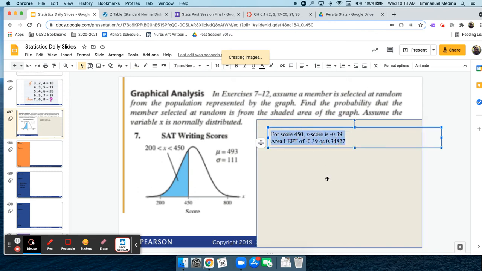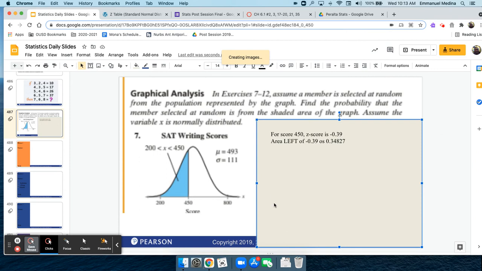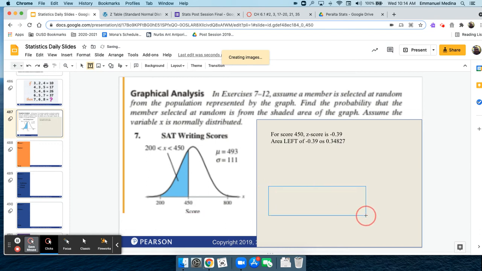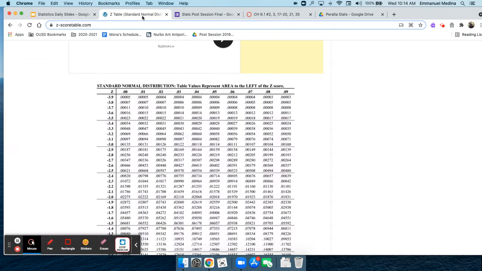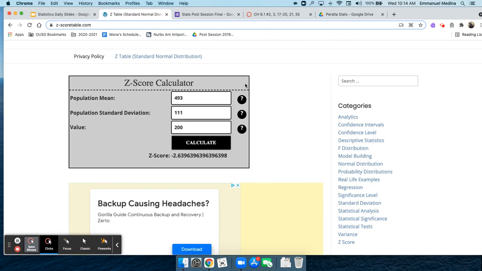I'm going to copy all this and paste it here. For score 200, SAT score that is, the z-score will be, we said, negative 2.64.